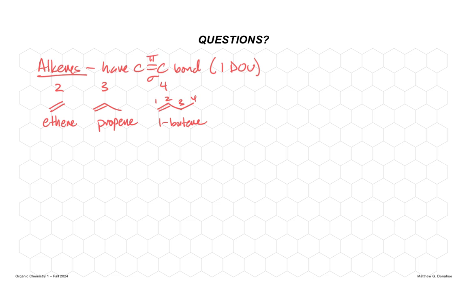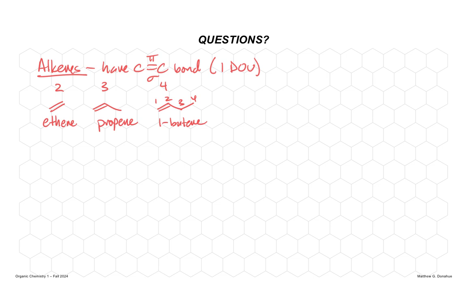On Monday, we'll talk about what orbitals are involved in that. But that's defined as a degree of unsaturation. And so when we learn about the hybrid orbitals of carbon, we'll talk about saturation, how many sigma bonds, how many pi bonds are involved in each type of hybrid orbital.